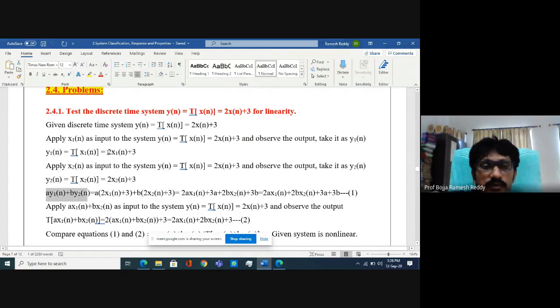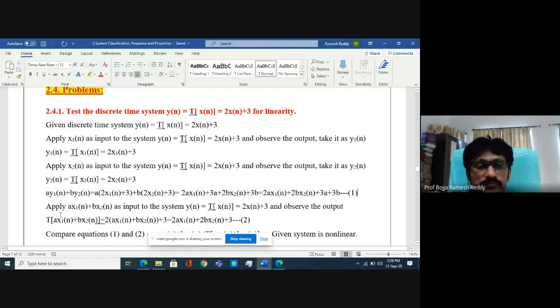A into the answer 2x1 of n plus 3, plus b into the second answer 2x2 of n plus 3. Take this product: 2a x1 of n plus 3a, 3 into a, plus 2b x2 of n plus 3b. Now the final answer is here: 2a x1 of n plus 2b x2 of n plus 3a plus 3b, or 3 times a plus b. Take it as equation 1.